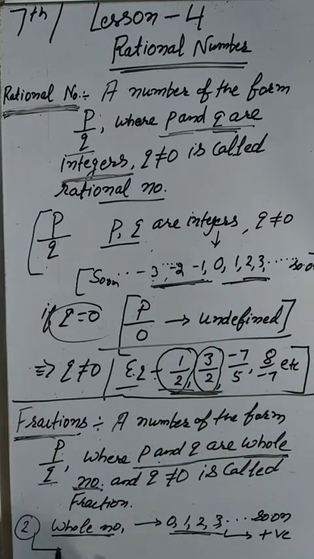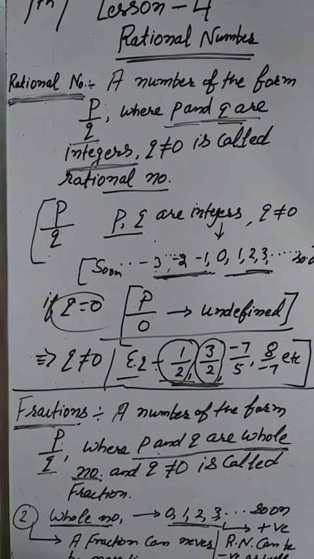So the second difference is, beta, a fraction can never be negative, but a rational number can be negative as well as positive.